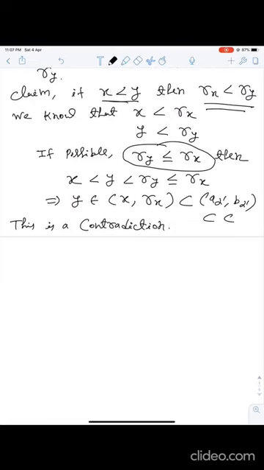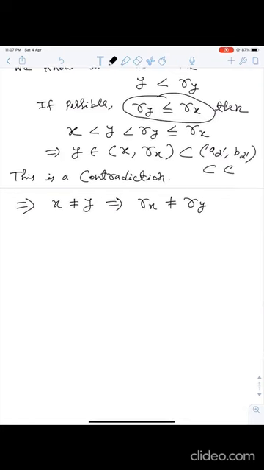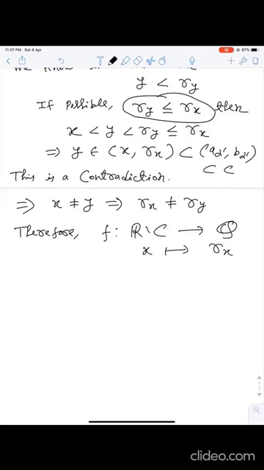Now this implies X not equal to Y implies Rx not equal to Ry. Therefore, the map f from R minus C to the rational numbers, X going to Rx, is injective.